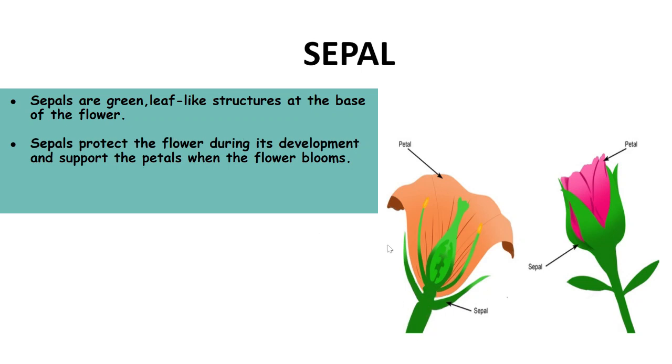The function of sepal is that it protects the flower during its development and supports the petals when the flower blooms. So this green leaf-like part is known as sepals, and it protects the flower at its bud stage, we can say that.